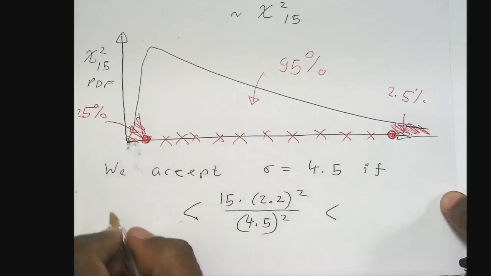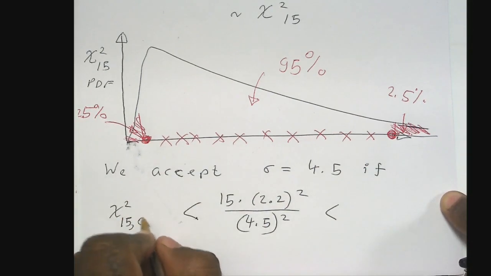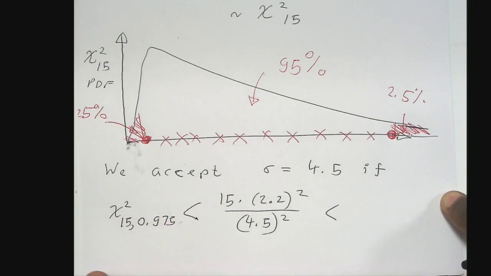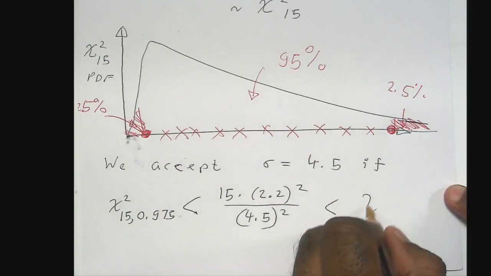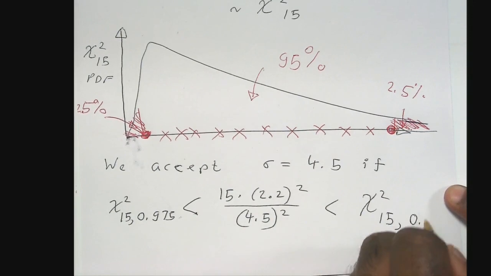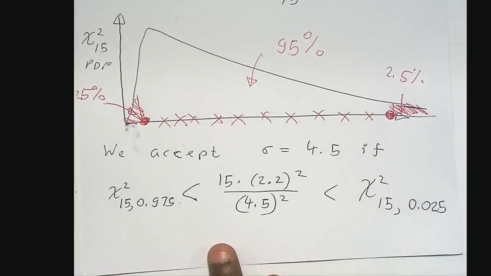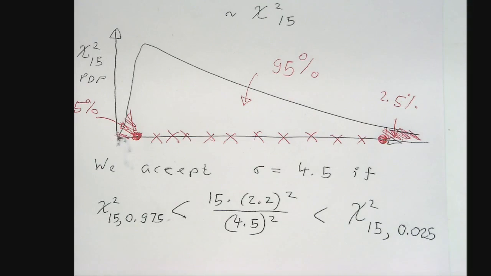This point here is the percentile of chi-squared 15 with 0.975 area above it, and this point here is the percentile of chi-squared 15 with 0.025 above it. So that's the answer, guys. I hope it makes sense, because the argument is that if something follows a certain distribution, you would expect it to fall in the central part of the distribution, not in the corners. So that's the argument.